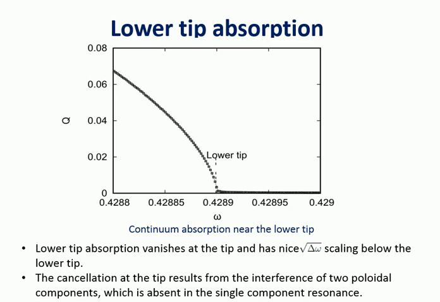This figure shows the continuum absorption versus the frequency around the lower tip. As we can see from the figure, the tip absorption is zero, and the continuum absorption scales as the square root of the frequency deviation from below the tip.